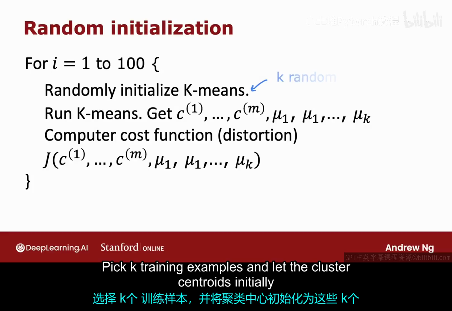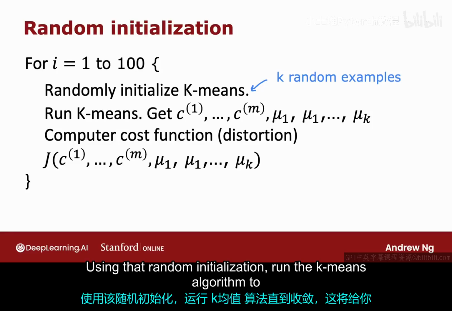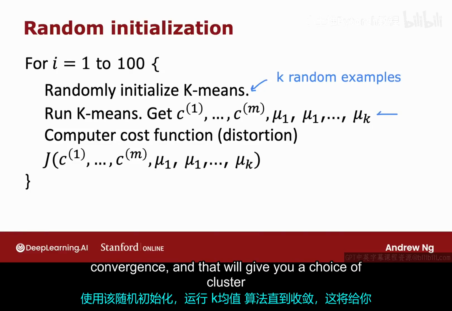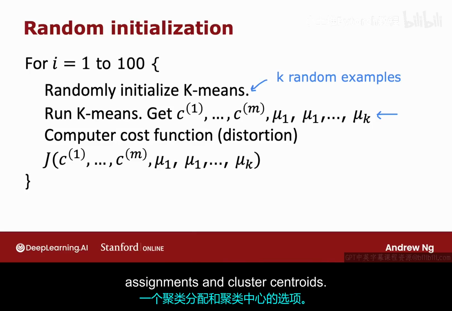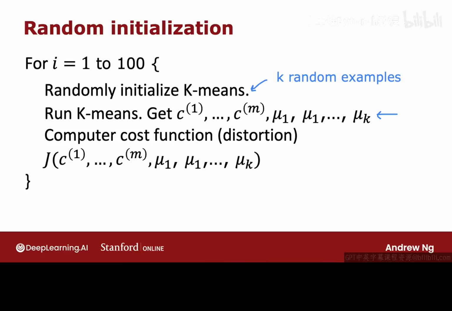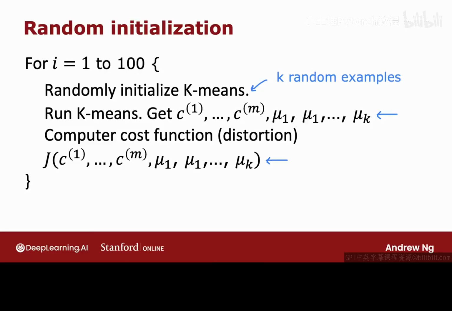Pick K training examples and let the cluster centroids initially be the locations of those K training examples. Using that random initialization, run the k-means algorithm to convergence, and that will give you a choice of cluster assignments and cluster centroids. And then finally, you would compute the distortion, compute the cost function as follows.